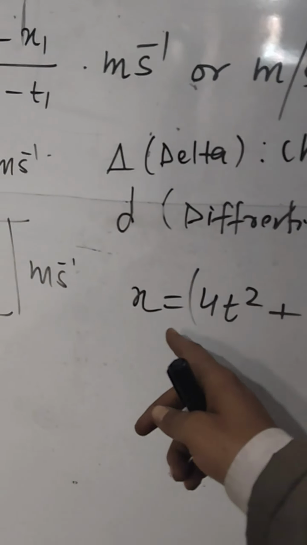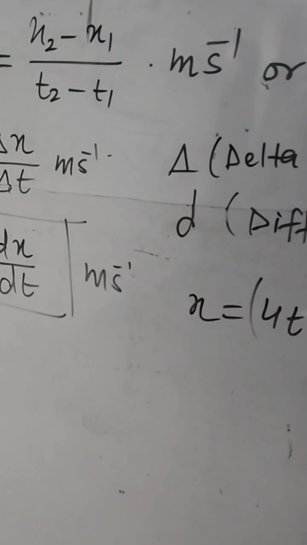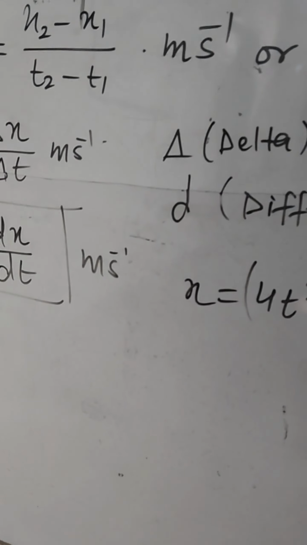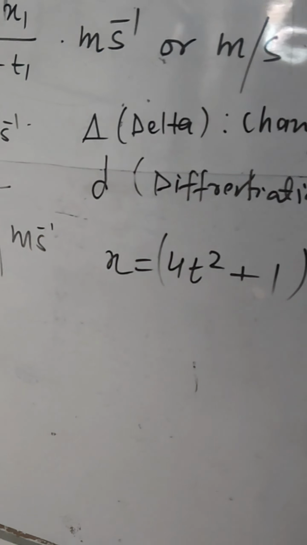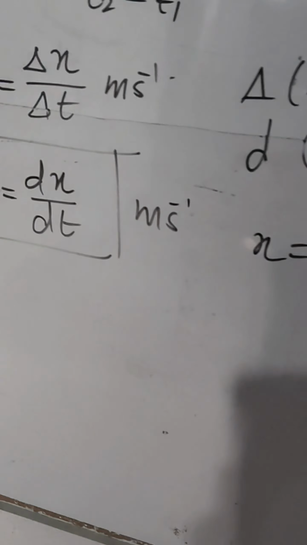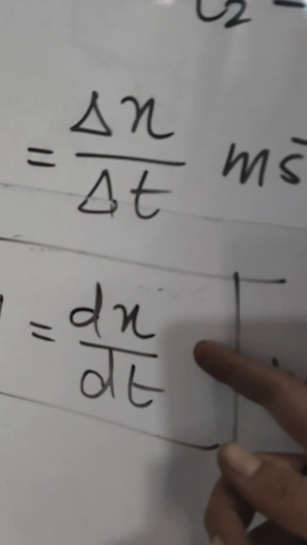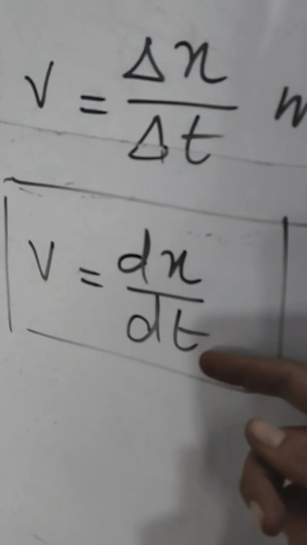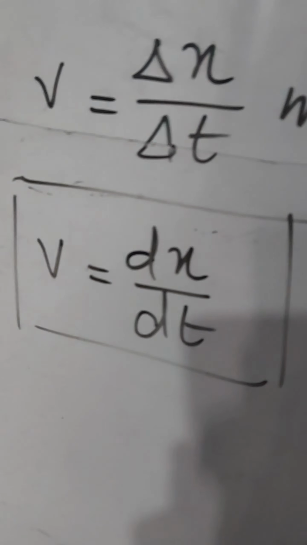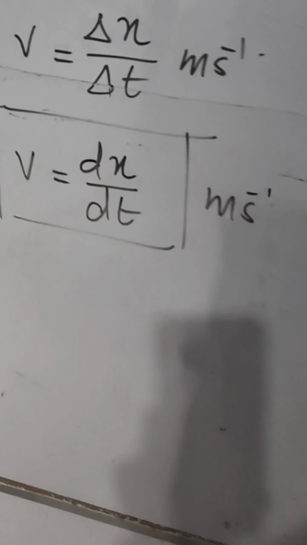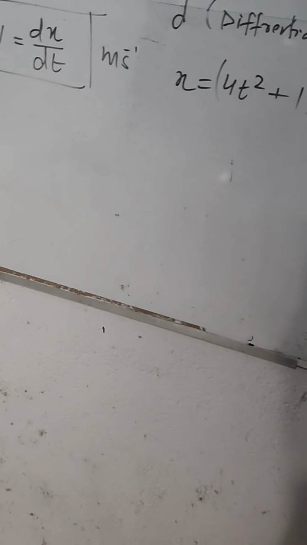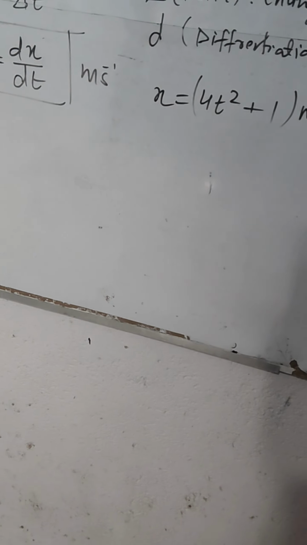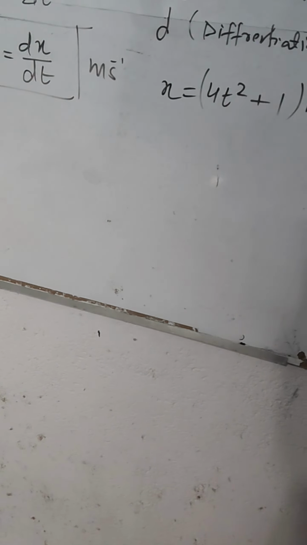In case of this type of position or any other function of position, the velocity also comes as a function. So how do we derive the function of velocity? By differentiating the position with respect to time. You have to know some basic things about differentiation to proceed in physics.